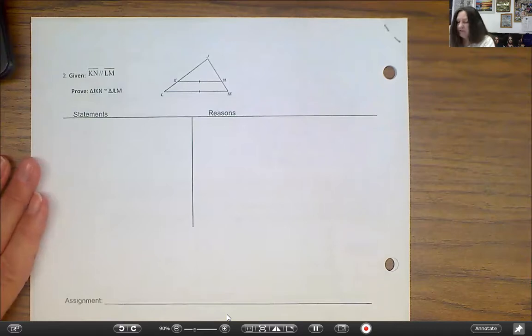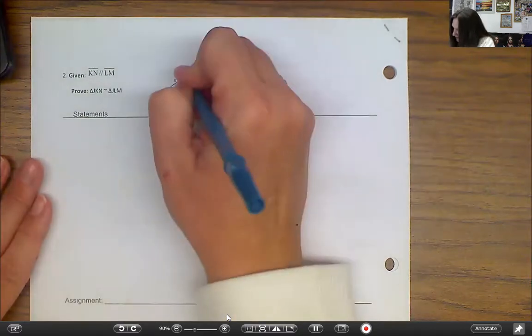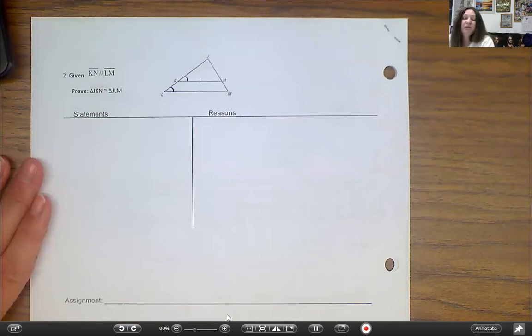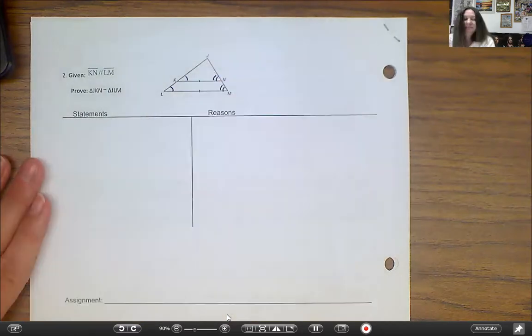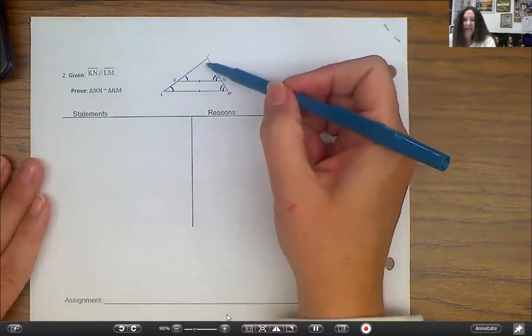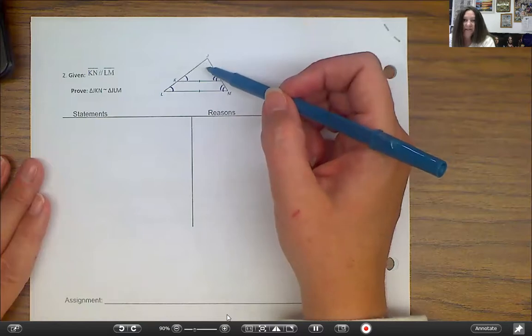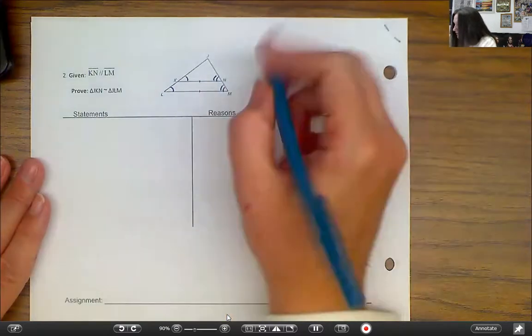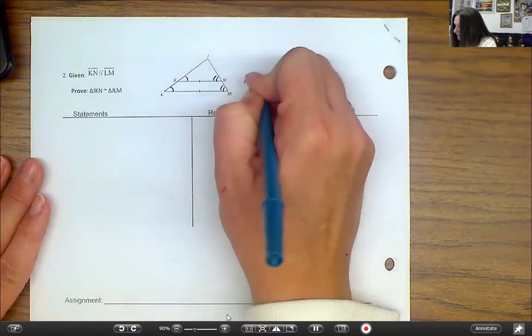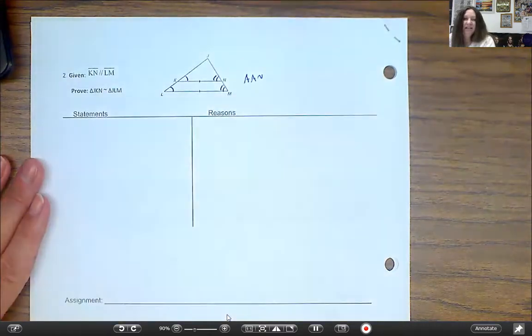Well, if I know that, I can see I've got a set of corresponding angles here and a set of corresponding angles here. If you want, you could have used angle J congruent to angle J also with our reflexive property. But as soon as I have two sets of congruent angles, I can use angle-angle similarity as my case.